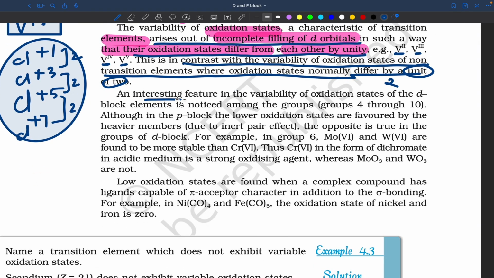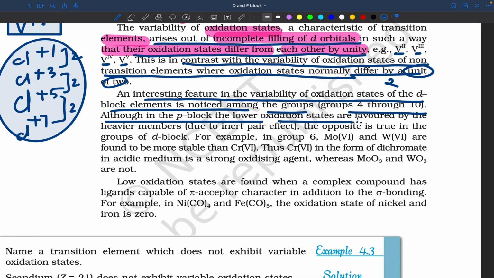An interesting feature in variability of oxidation states of d block elements is noticed among the groups, that is groups 4 through 10. Although in p block elements the lower oxidation states are favored by the heavier members due to the inert pair effect, the opposite is true in the groups of d block elements.